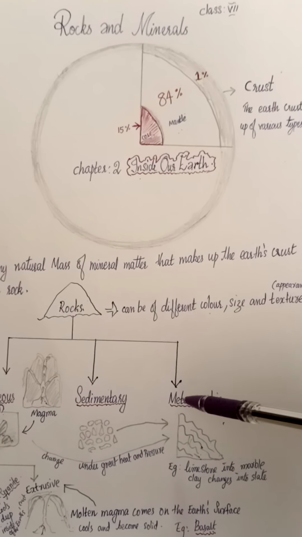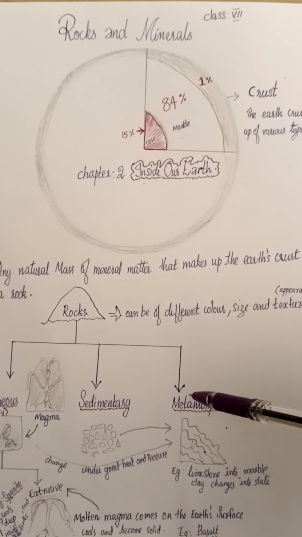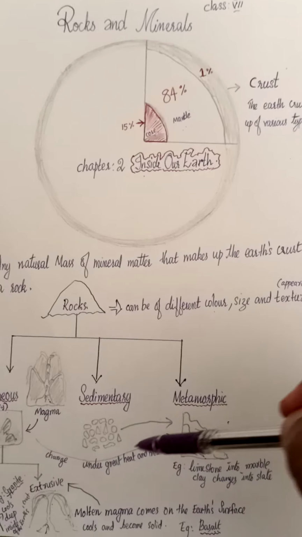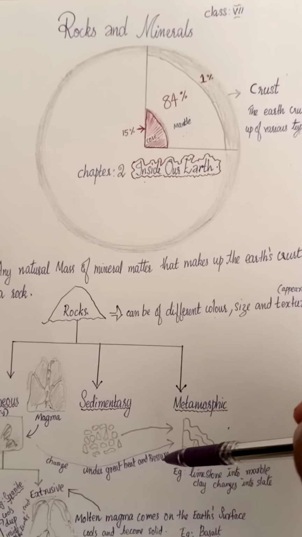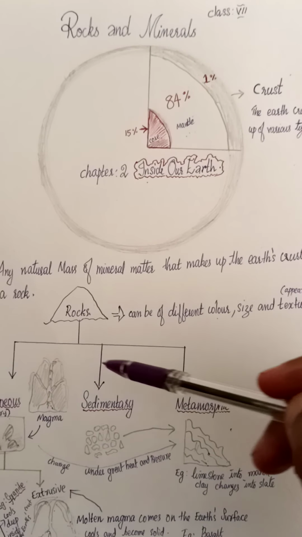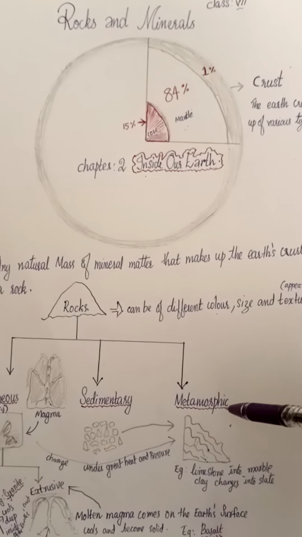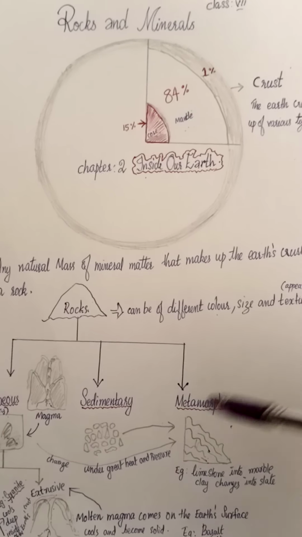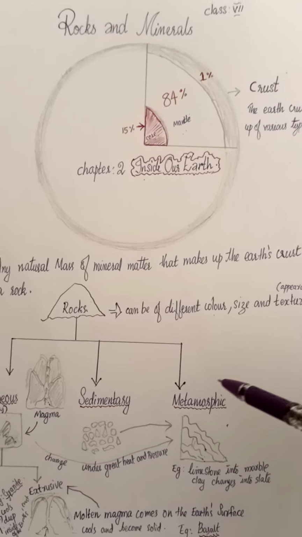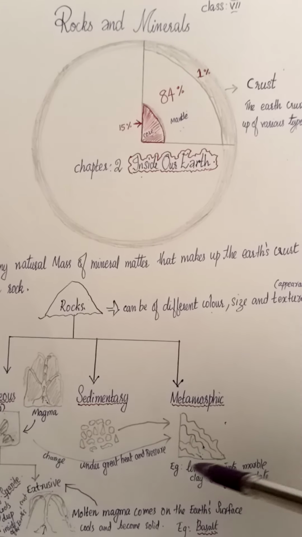Next are the metamorphic rocks. Due to certain conditions, especially great heat and pressure, igneous rocks as well as sedimentary rocks are transformed into metamorphic rocks. For example, limestone changes into marble, and clay changes into slate.